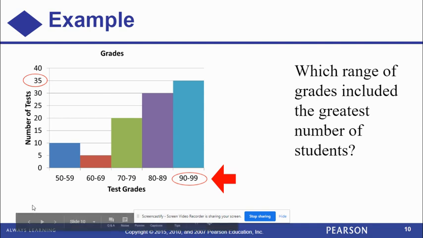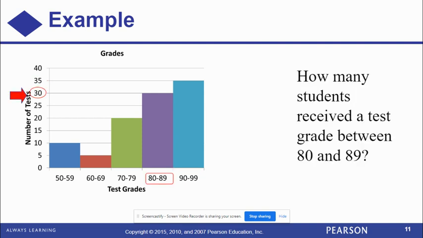Look at the number of students who took the test, and you see that 35 is the greatest number, for the blue part, which is 90 to 99. So the range is 90 to 99, and it has 35 students, which is quite a lot.